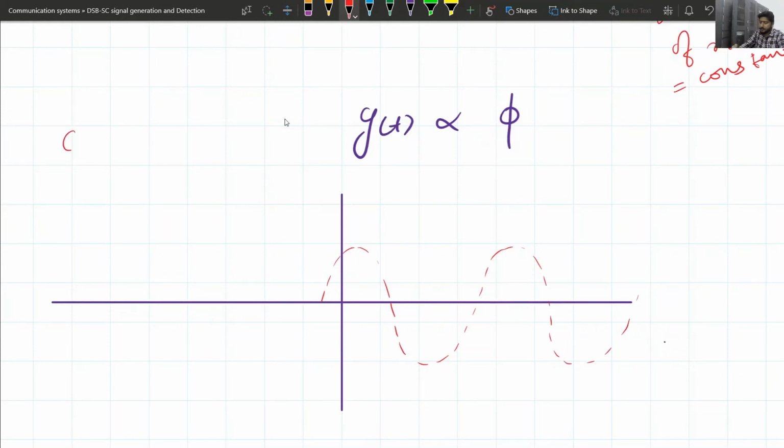Let's say carrier wave c(t) is given by Ac times cos 2 pi fc t.